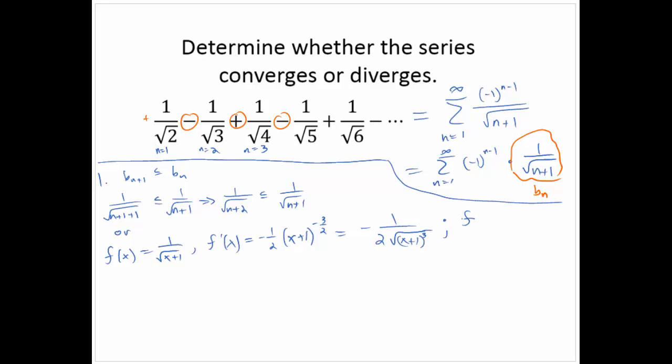Now for x greater than or equal to 1, the denominator would always be positive, and so 2 times a positive number is still positive. 1 divided by a positive number is still positive, and then we have that negative. So for x greater than or equal to 1, f prime of x is less than 0. So f of x is decreasing.